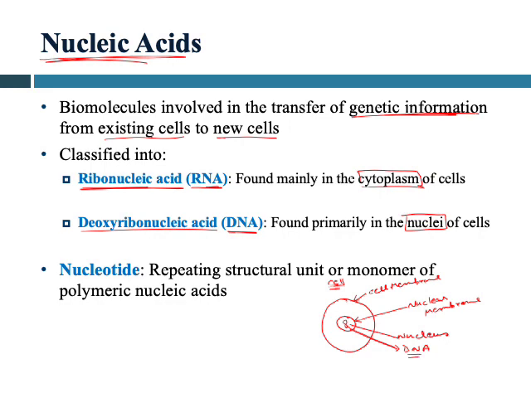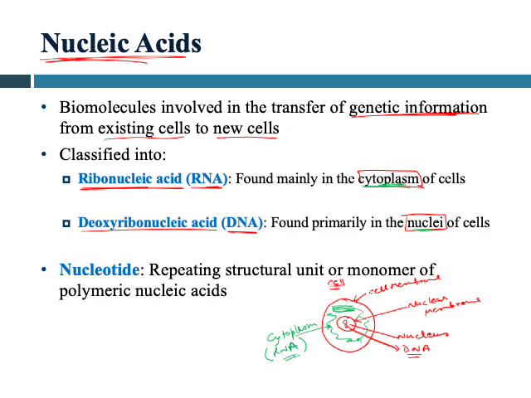The entire area outside the nucleus we call cytoplasm. RNA is present in the cytoplasm. So this is the basic structure of the cell that you need to know before you understand where RNA is found, in the cytoplasm, and DNA is present in the nucleus.